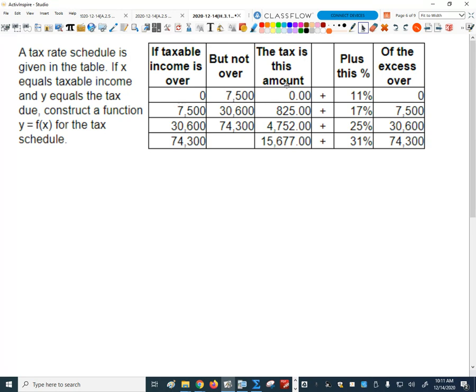The tax is this amount, which is 0, plus 11% of the amount over 0. So for an income of $6,000, it would just look like 0 plus 11% times $6,000, which would just be what, $660.